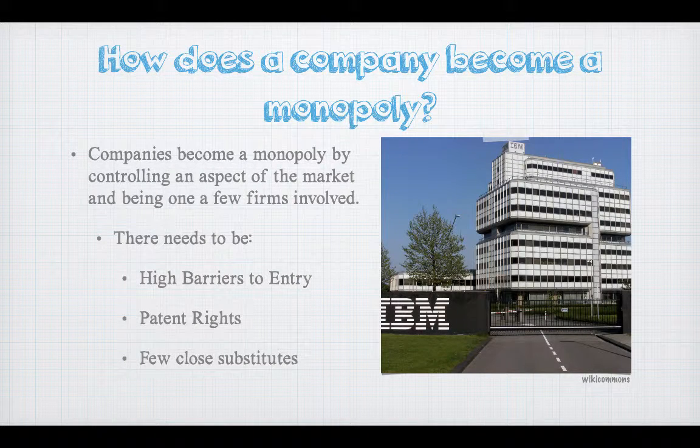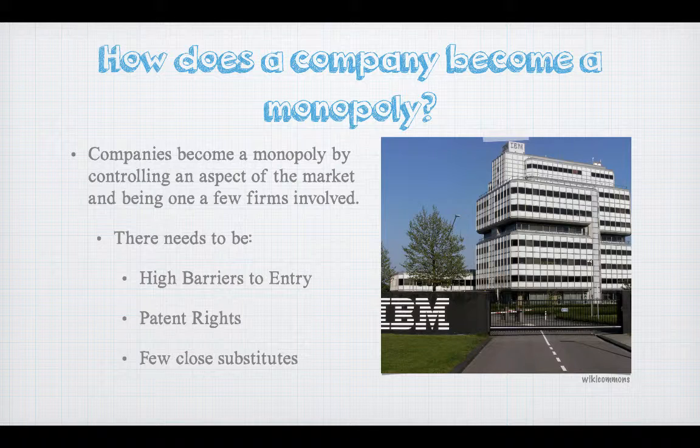So a company becomes a monopoly basically by controlling an aspect of the market. There needs to be a few things involved with that in order for that to happen, and that would be high barriers to entry, patent rights over certain products, so that even if somebody else can get into the market, they cannot create that near perfect substitute, and there need to be few close substitutes. A great example would be IBM.